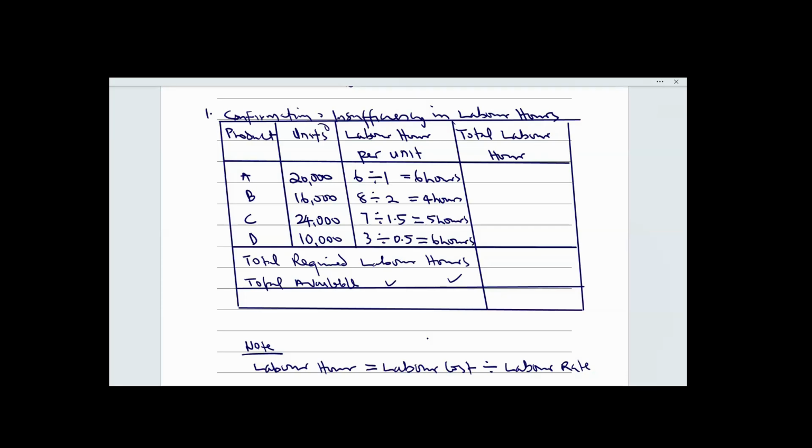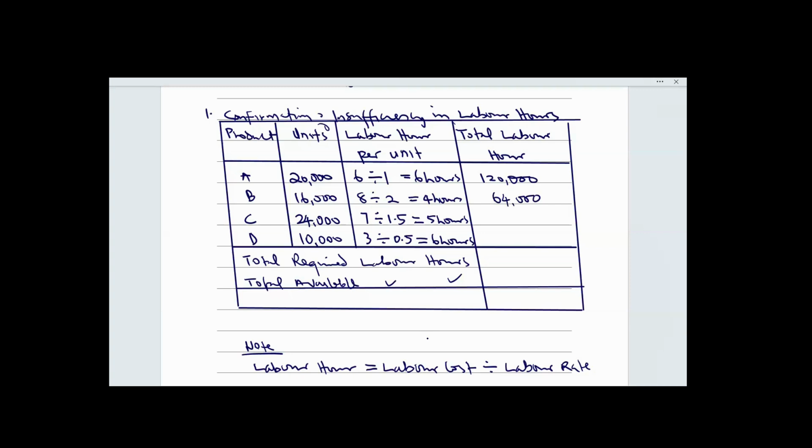So to now get the total hours, you multiply the units with the labor hour per unit. 20,000 multiplied by 6 will give us 120,000 hours. 16,000 multiplied by 4, that should be 64,000. Yeah.